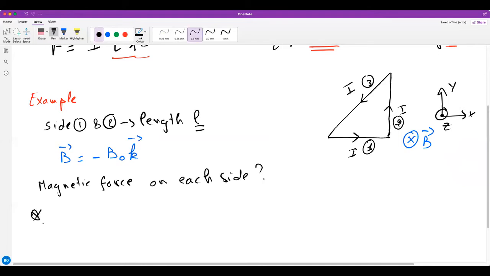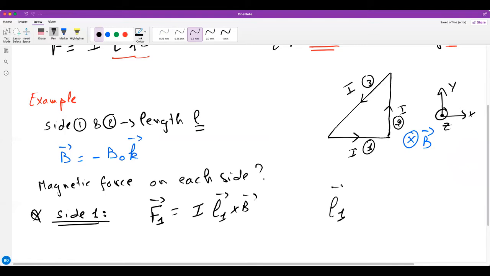So let's start with side one. The magnetic force F1 is equal to I, because it's the same current, L1 cross B. I know that the direction of L1 is taken as the direction of the current I, so L1 is equal to L i, because the current is going in the positive direction of the x-axis.